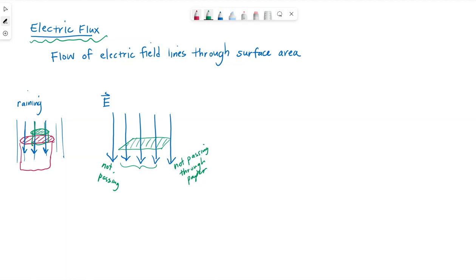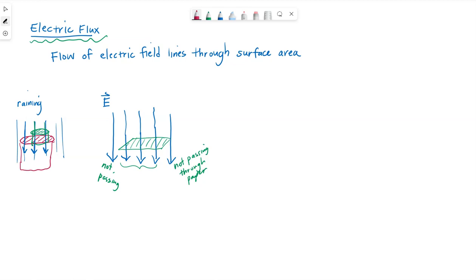Now, there is another factor that can come into play. For example, if I take this paper and I rotate it, let me see if I can draw this okay. Okay, so start that part again.